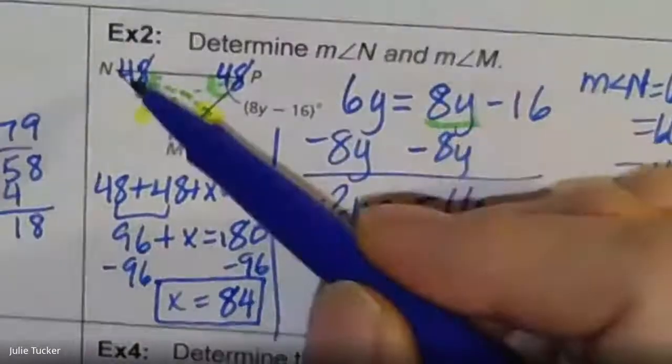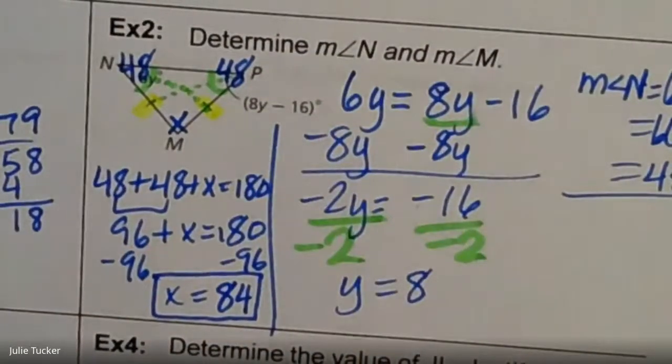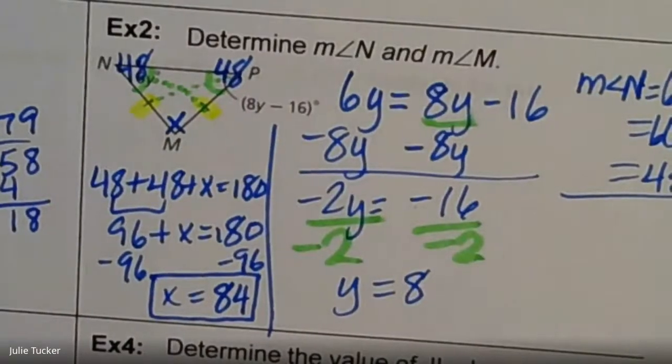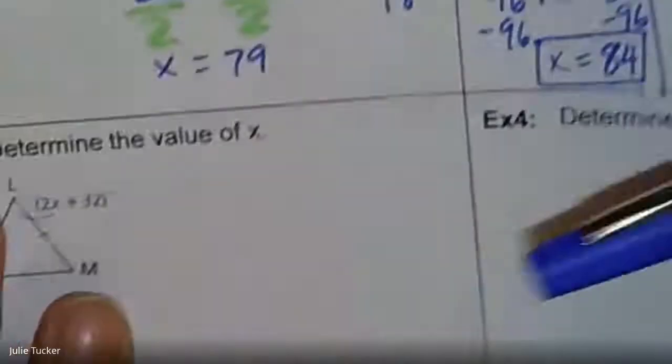On this one, you knew what the base angles were and you had to put an X for the vertex angle. So they're the same idea of using the 180 sum. It was just different about which angle they were telling you.